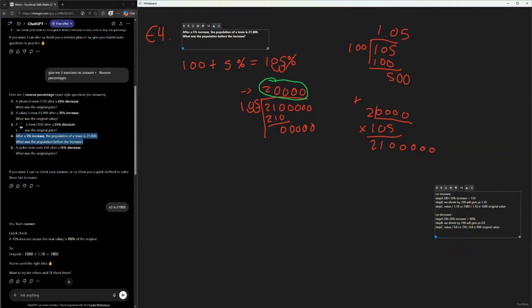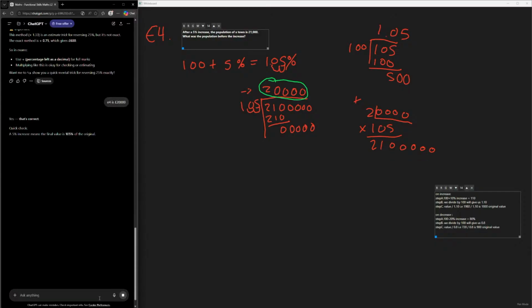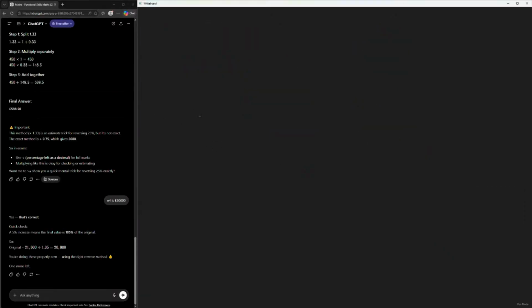Let's read the question. After the population increase, what was the population before the increase? Interesting. So remember the symbol, this.